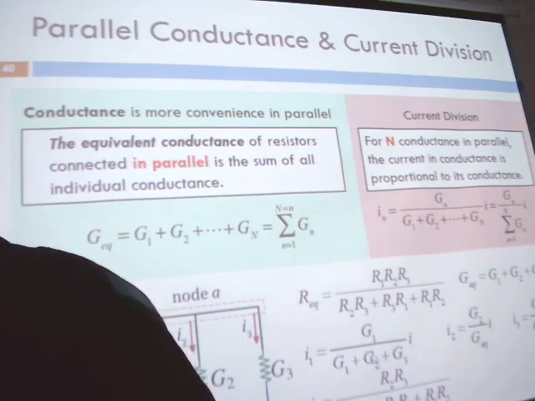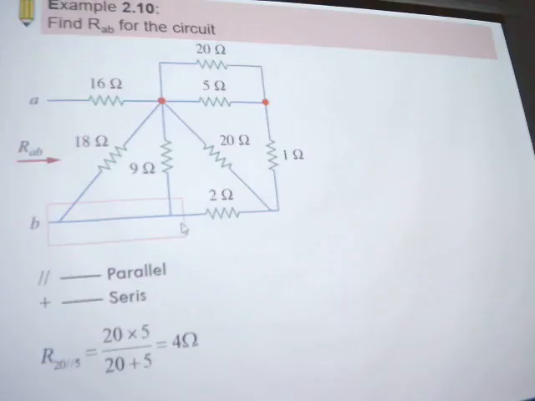I just want to compare this one. It's a wire, so it can be considered as 1 volt. So the 18 and 9 are in parallel. So our R, 18 parallel with 9, is equal to their product over their sum, and we get 6.